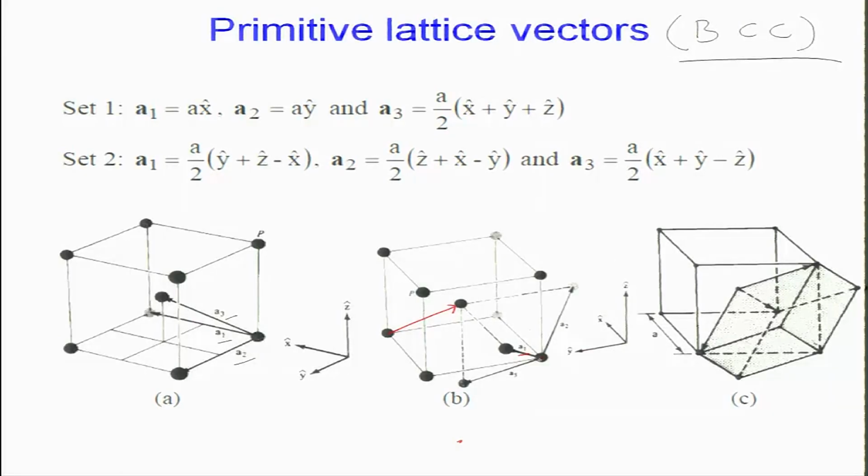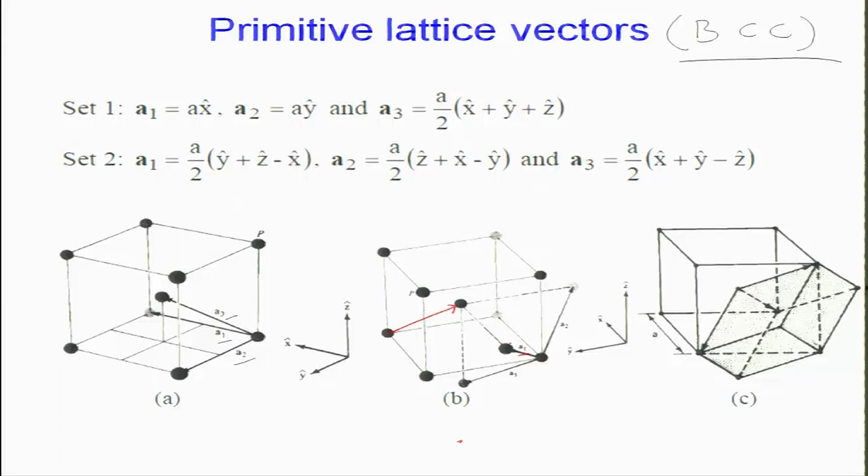So this vector is half of y in this direction, half of z in this direction, and then half of x. Remember positive x is in this direction, so we have half of x in the negative direction, half of y, and half of z, and we will reach here.